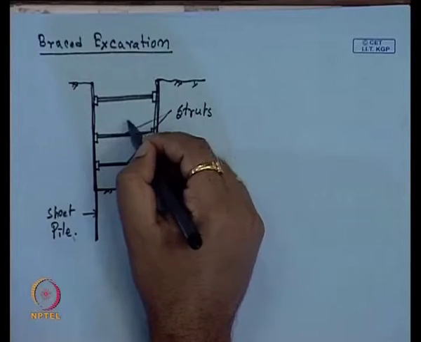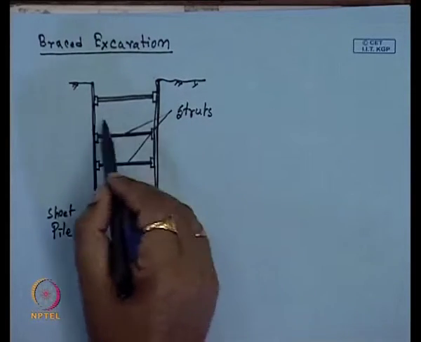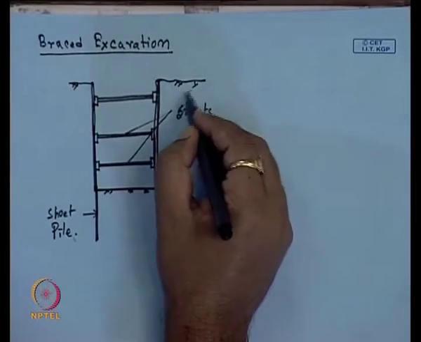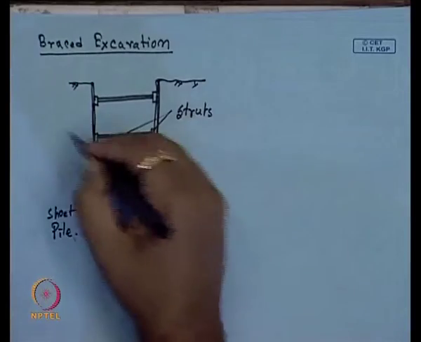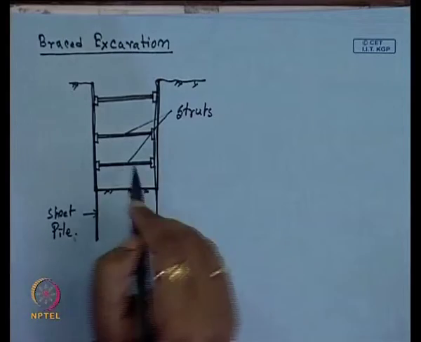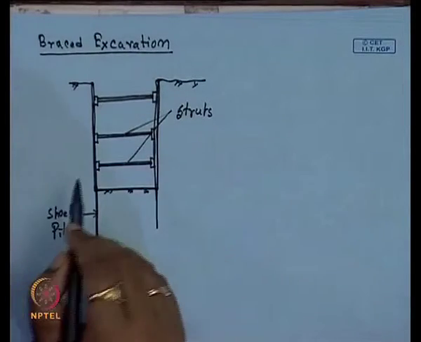So, these struts are providing additional support to this sheet pile, so that they can take the load laterally, which is coming from these two sides.